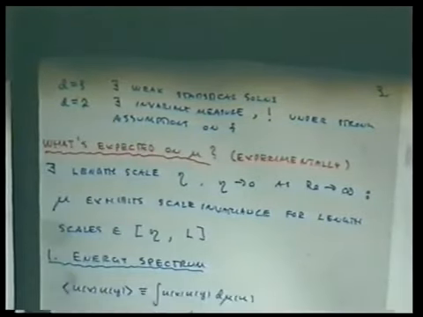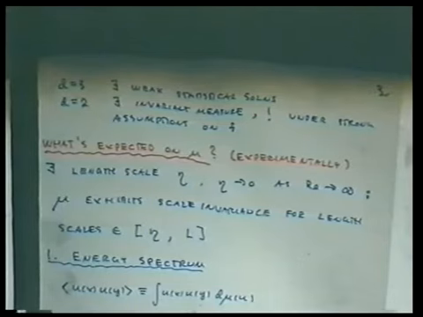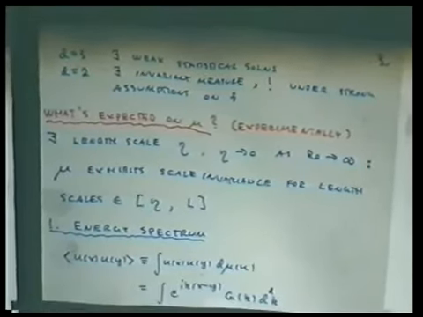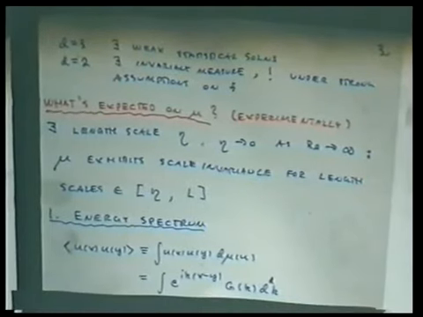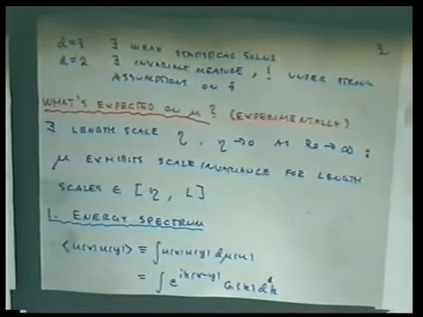Now, that's, of course, the basic thing you would like to do, but the thing you're really interested in is what happens after you have the unique invariant measure. So let's talk a little bit about what one really expects. This invariant measure is experimentally accessible.